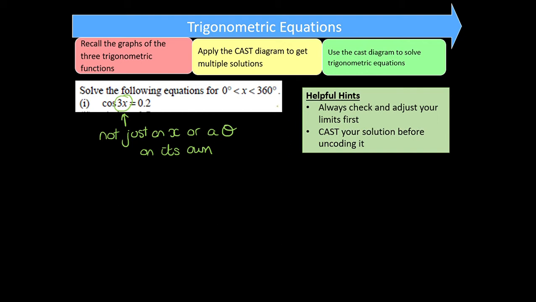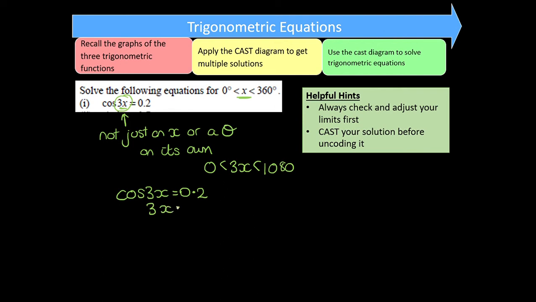So, first thing you always do, always check and adjust your limits. I have a 3x here and only an x there. So each part of my limits needs to be times by 3. They are my new limits. I am now going to start solving the equation.